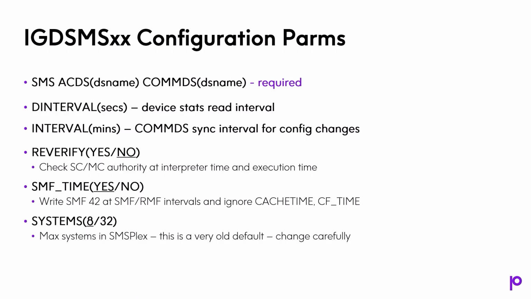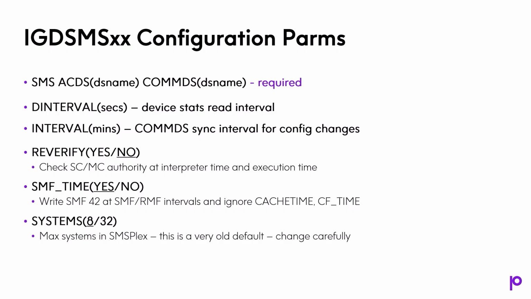One that might be of importance for security purposes is re-verify, yes or no. When I check the user's authority to be assigned a particular storage class or management class, normally whether a user is allowed to use those is checked at the time the job is interpreted, at the time it's submitted to the system.